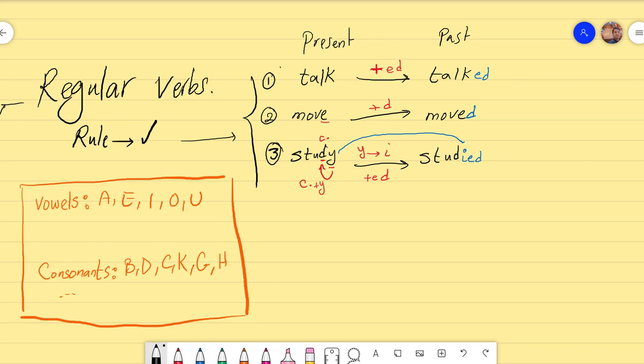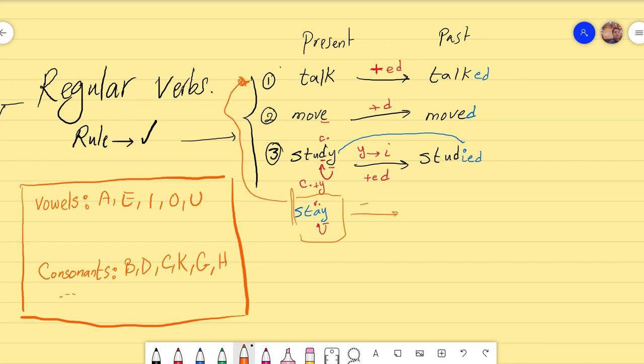But if we don't have a consonant before y, we don't change it. For example, look at this, stay. We have y, before y we have a vowel. What happens here? This is exactly like number 1.